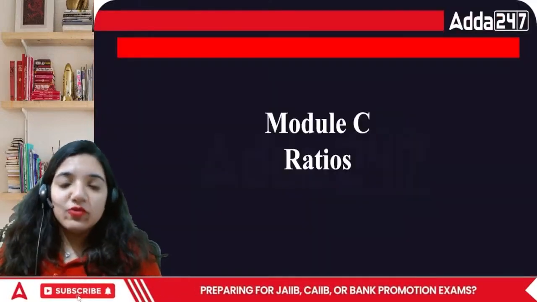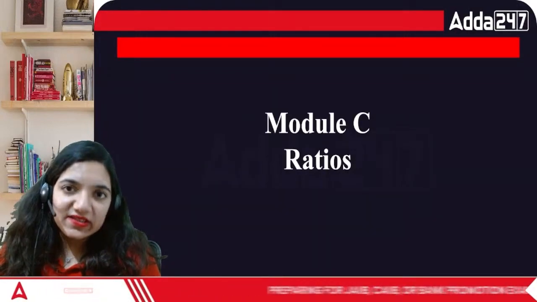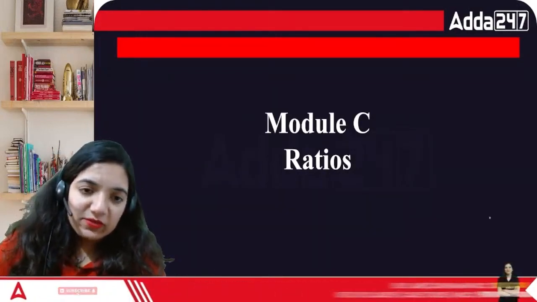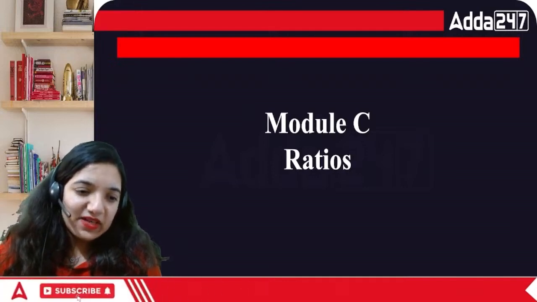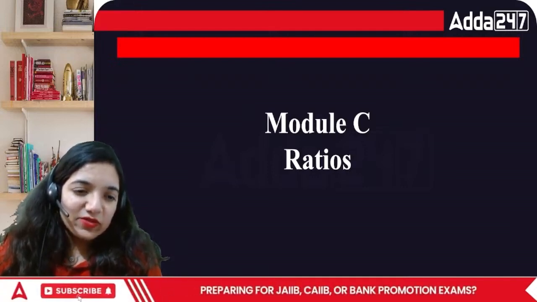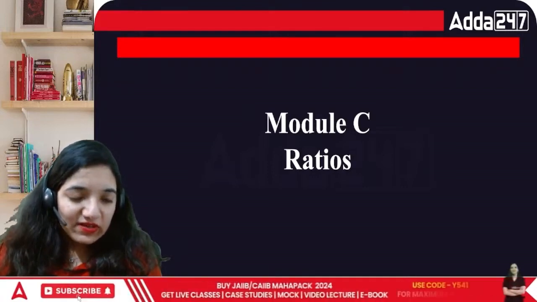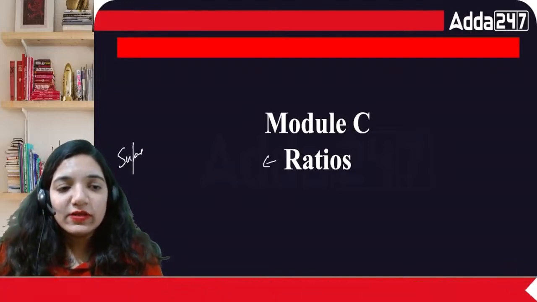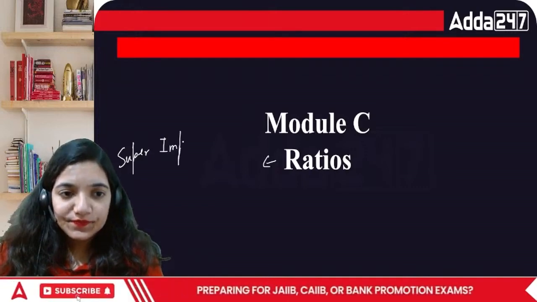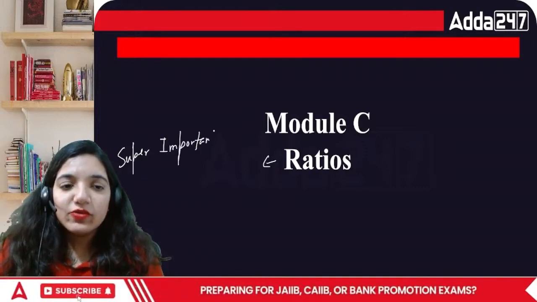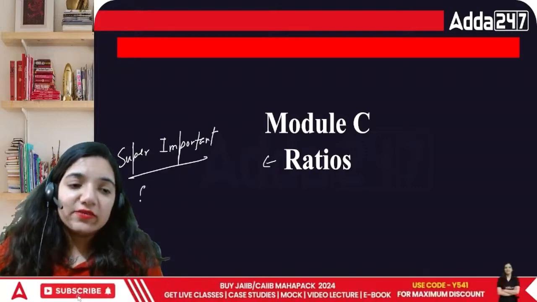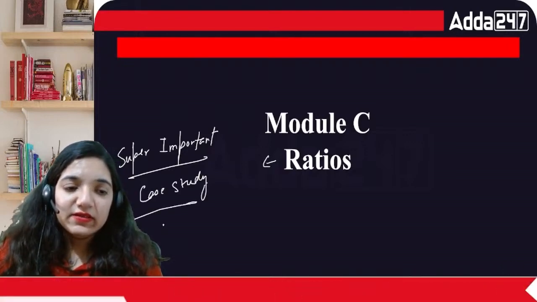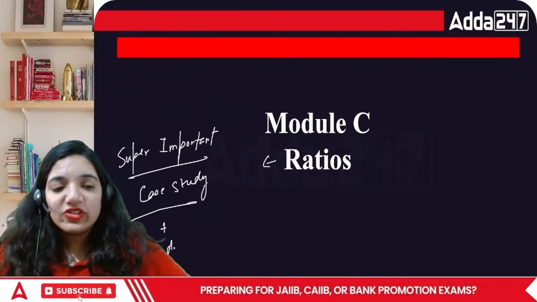A chapter which is always asked in the examination, and not for a smaller number of marks, where you can miss it out. You just can't. This particular chapter is super important due to its weightage in terms of case studies as well as individual MCQs.